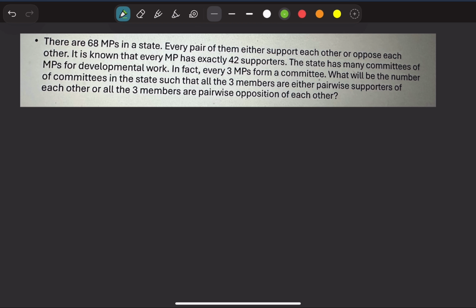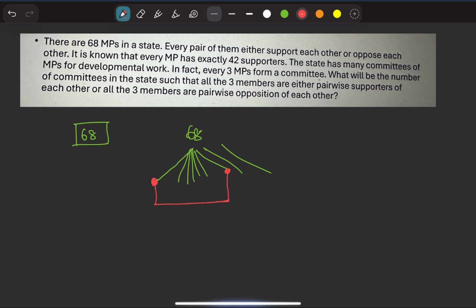So there are 68 MPs. MP is a member of parliament. So let's say it is given that there are 68 MPs. Every pair of them support each other or oppose each other. Consider any two of them, so let's say this person and this MP. These two either support or oppose each other.